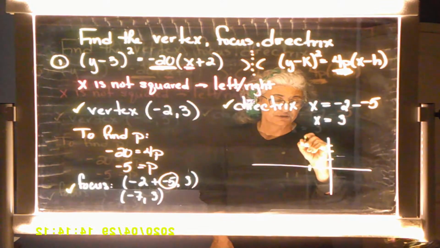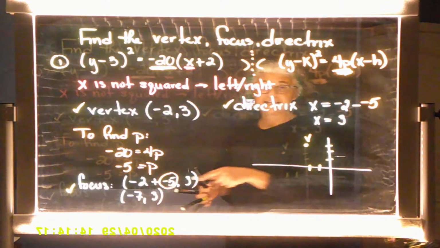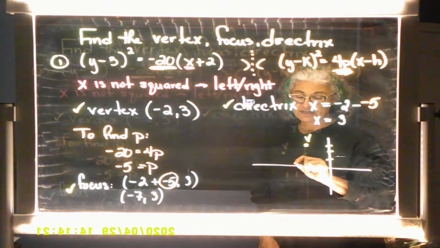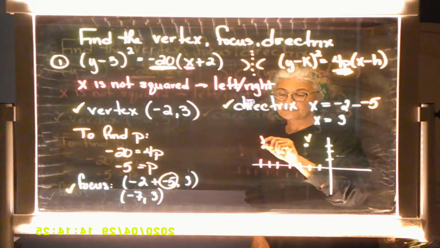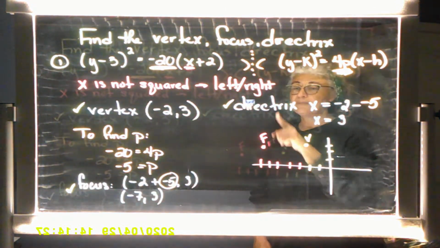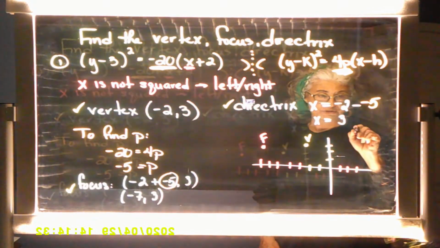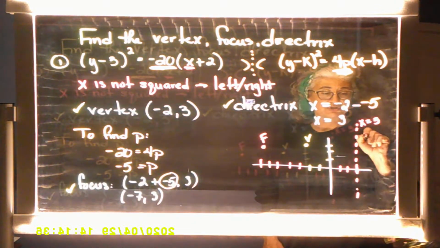So there's my vertex. And then the focus is at -7, 3, right? So I got to go -7 and 3. So there's my focus. And my directrix is at x equaling +3. So that's x equals 3. That's your directrix.